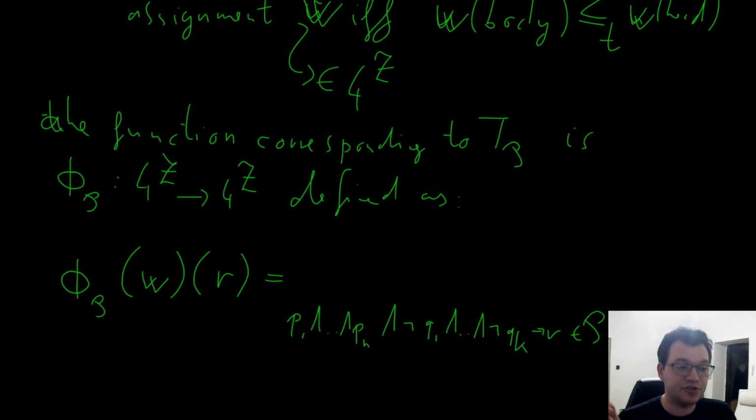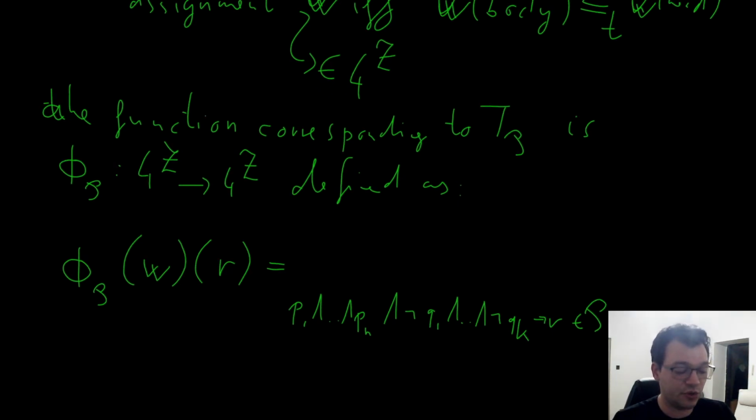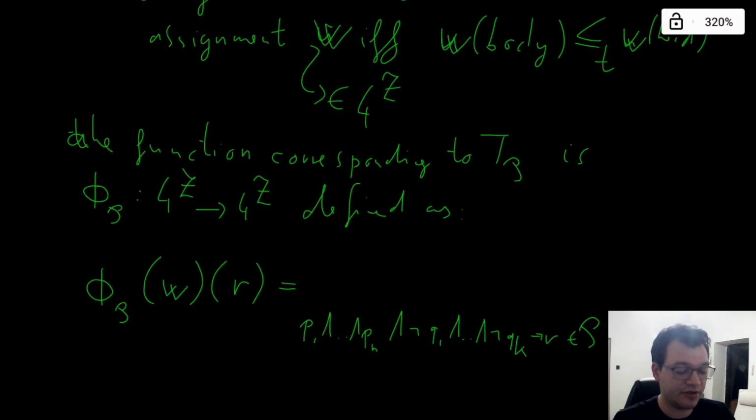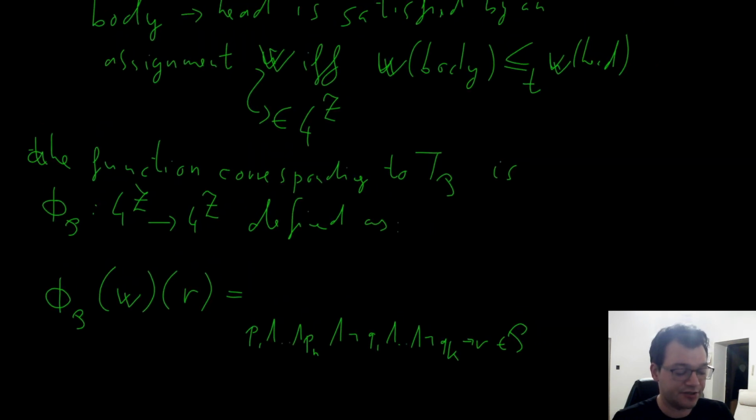So this is just the collection of all the clauses which have this r on the right hand side, similar as before, and I just have to take a large disjunction, supremum of these values.